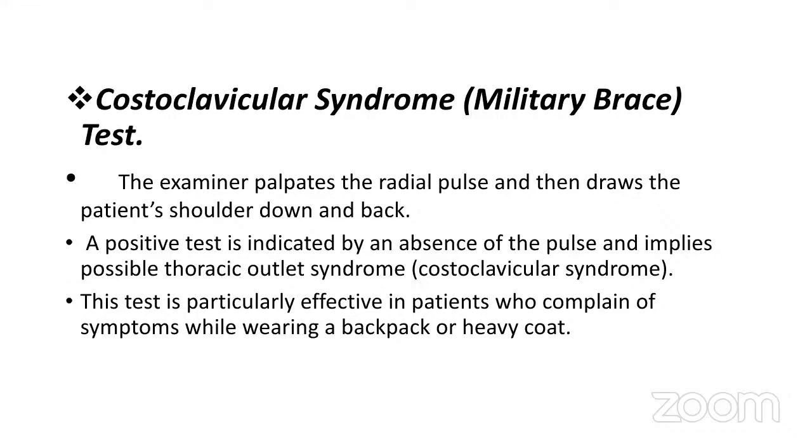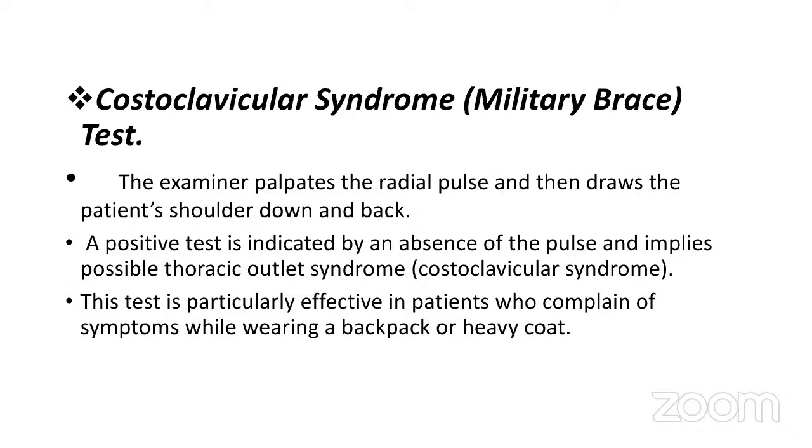But in this maneuver, what are we doing? We are manually pulling down the patient's shoulder. So the costoclavicular space is reduced. The test is indicated by absence of the radial pulse and implies possible thoracic outlet syndrome, costoclavicular syndrome.